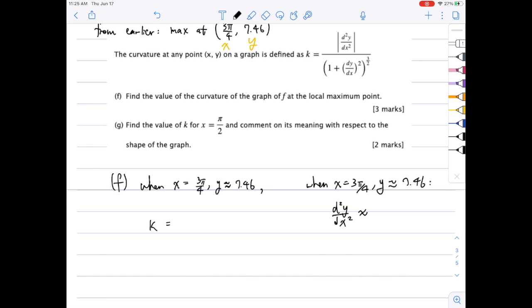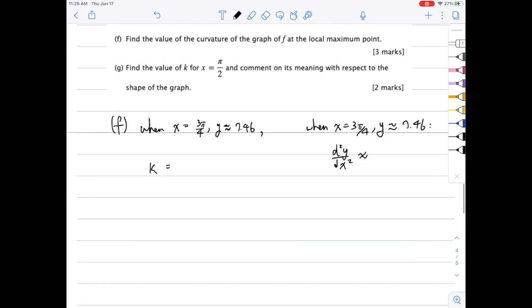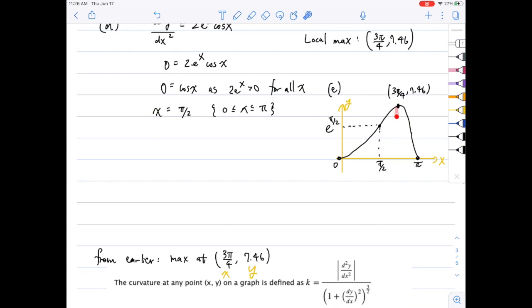And then you do the exact same thing for the first derivative. What's the value for the first derivative when x is 3/4 of a pi? In this case, we actually know what the value is, because at 3/4 of a pi we have a stationary point.